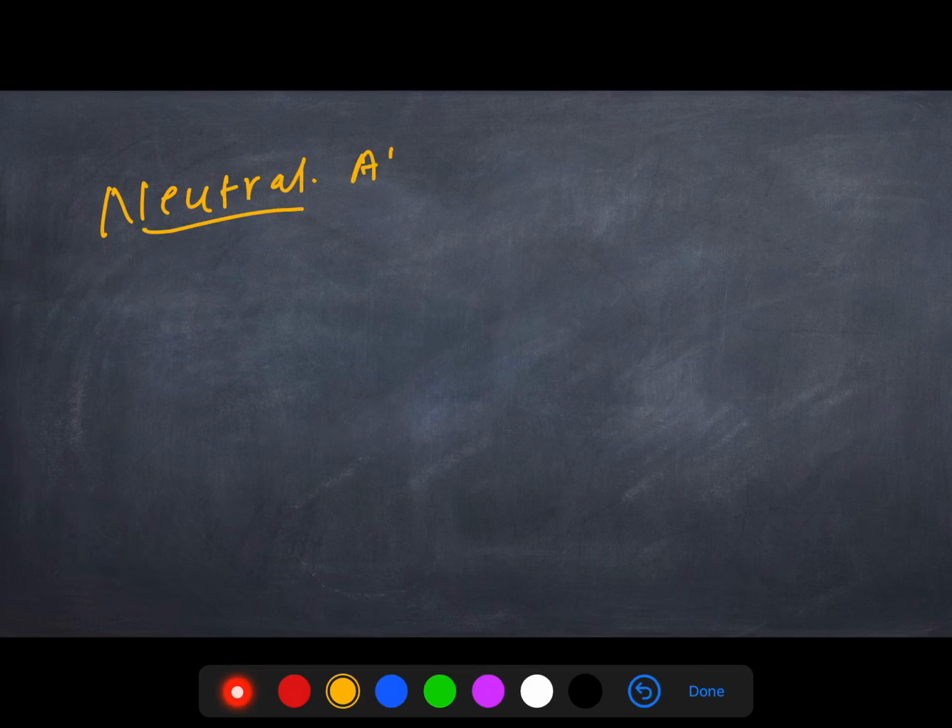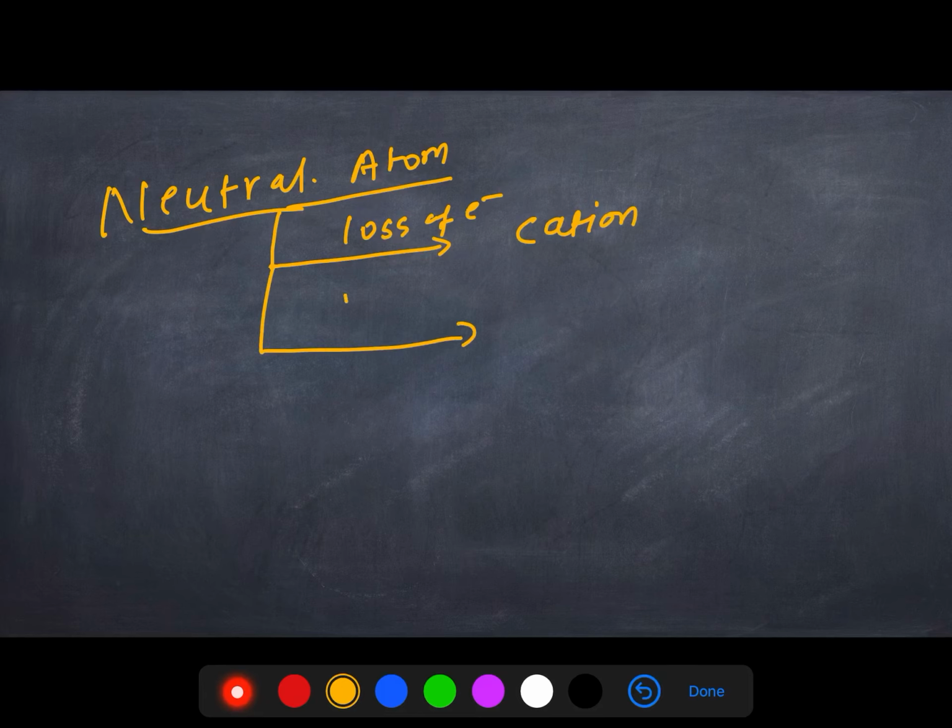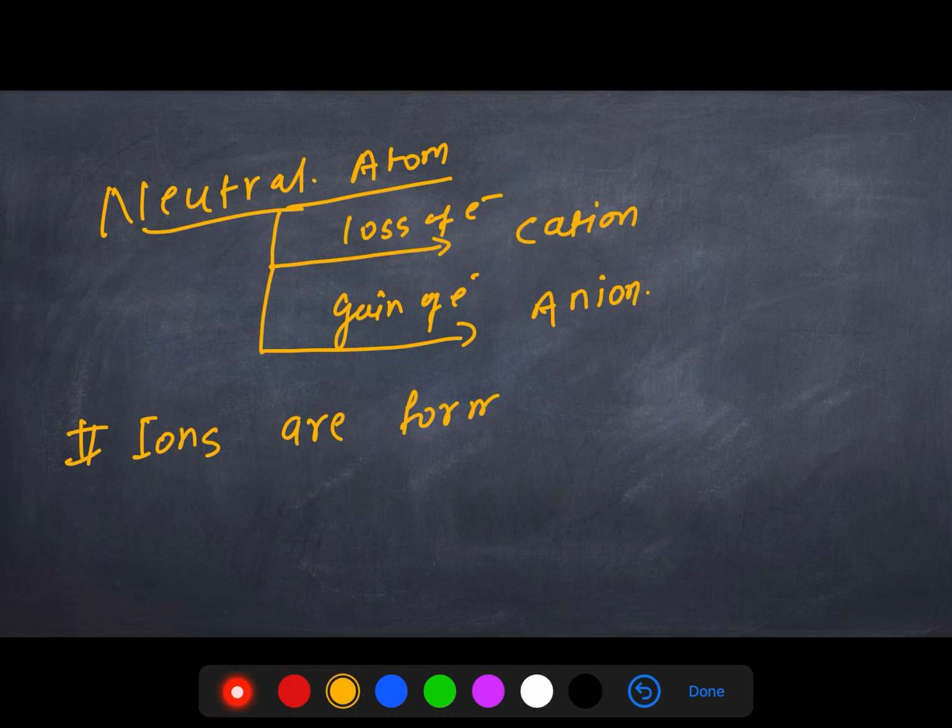So this is also clear to us that if there is a neutral atom, this is the conclusion of what we have studied so far. If a neutral atom loses electrons, the loss of electrons will lead to the formation of a cation, but if it gains electrons, it will become an anion, right? Okay, one more thing.